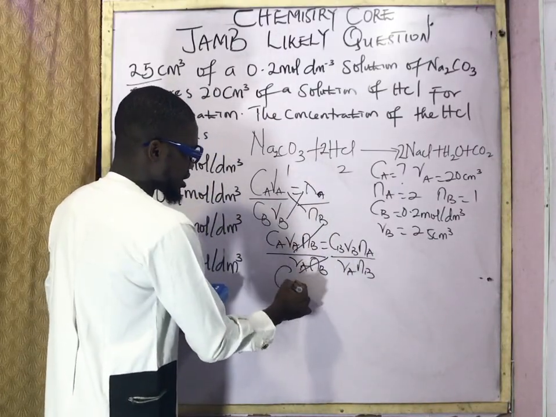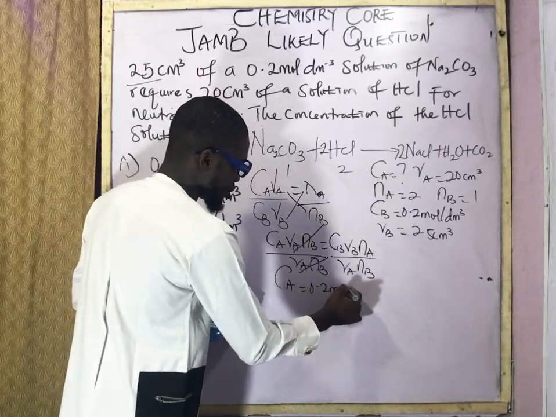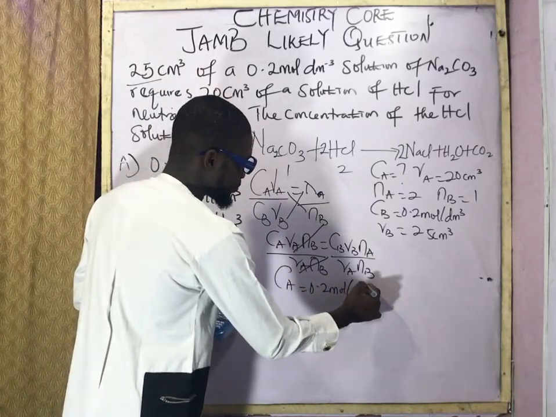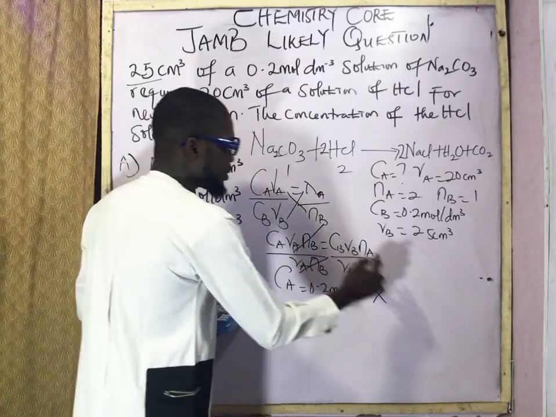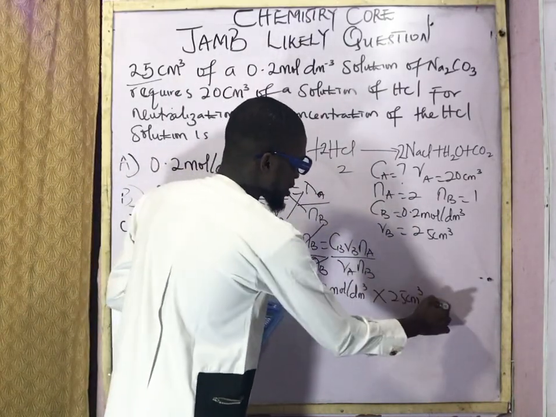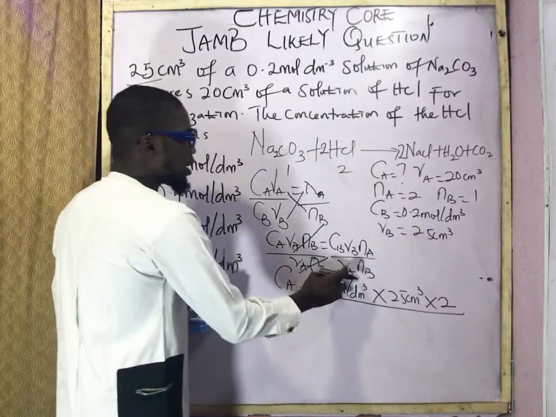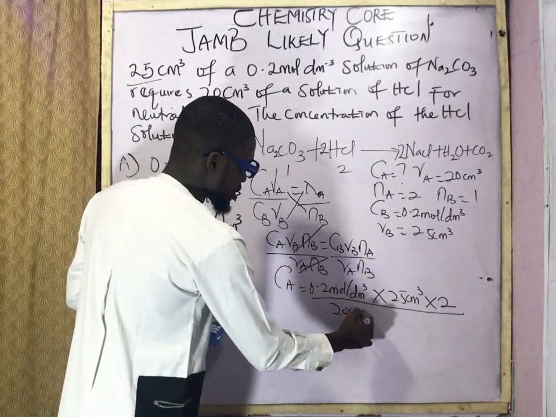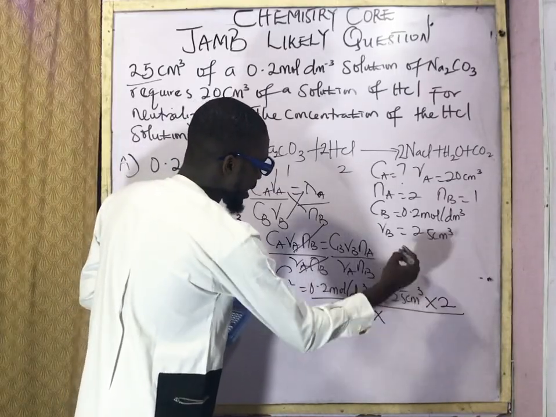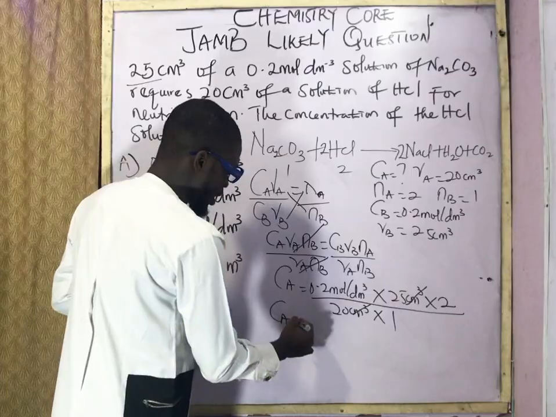So you can say Ca equals, what is our Cb? 0.2 mol/dm³, multiplied by the volume of the base, 25 cm³, multiplied by the number of moles of acid, 2, all divided by the volume of the acid, 20 cm³, multiplied by 1. The cm³ will cancel the cm³.